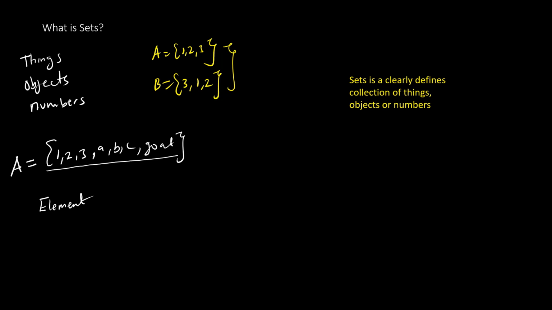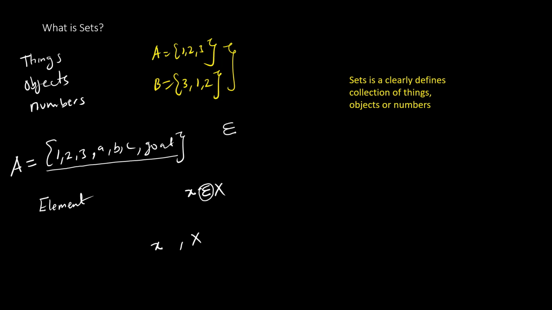Now let's talk about some symbolic representations. We have noticed that a member of a set is referred to as an element. If an element x, small letter x, belongs to a set X, that is capital letter X, we say that x is an element of X. To represent this, we can simply write x ∈ X. This is the symbol for small letter e, something like 3 in reverse order.